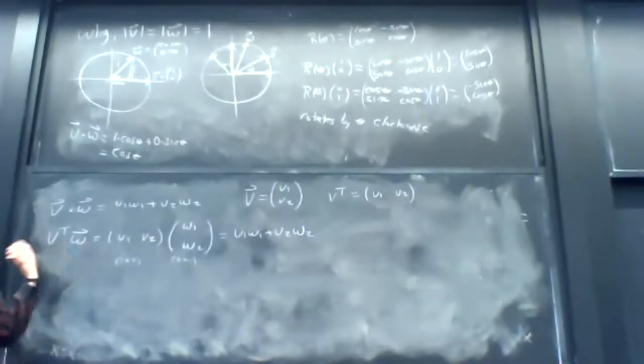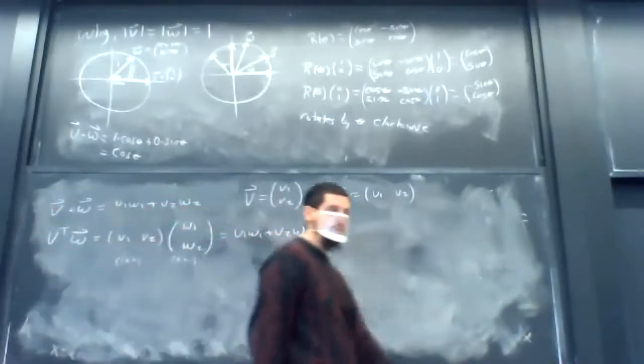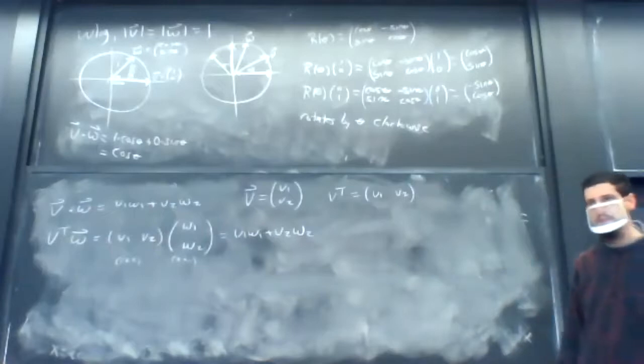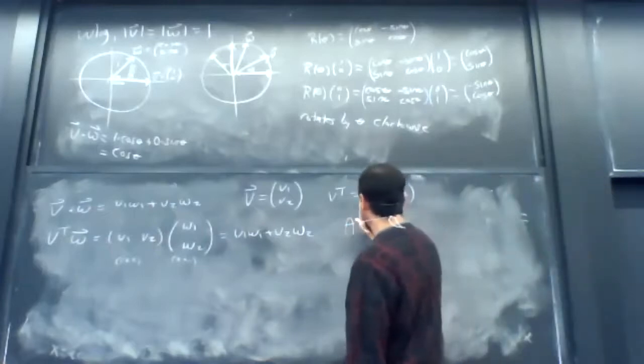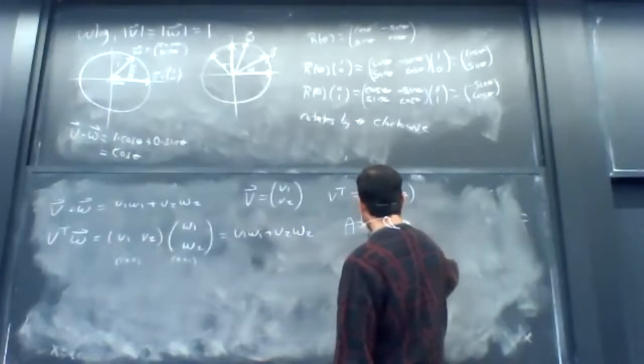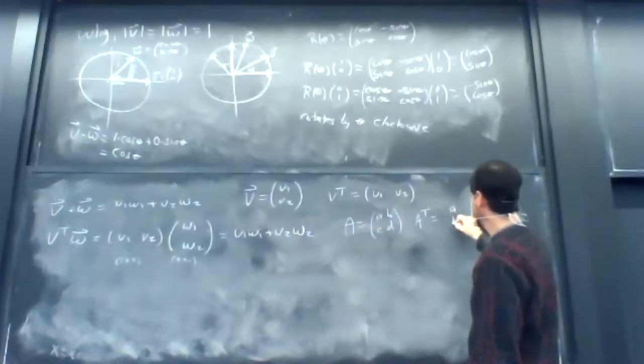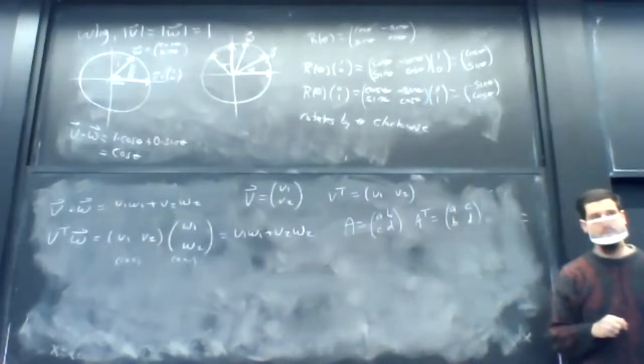So another way of writing the dot product is it's just V transpose times W. If I give you matrix A, B, C, D, the transpose of that is A, C, B, D, because I flip the rows and columns.